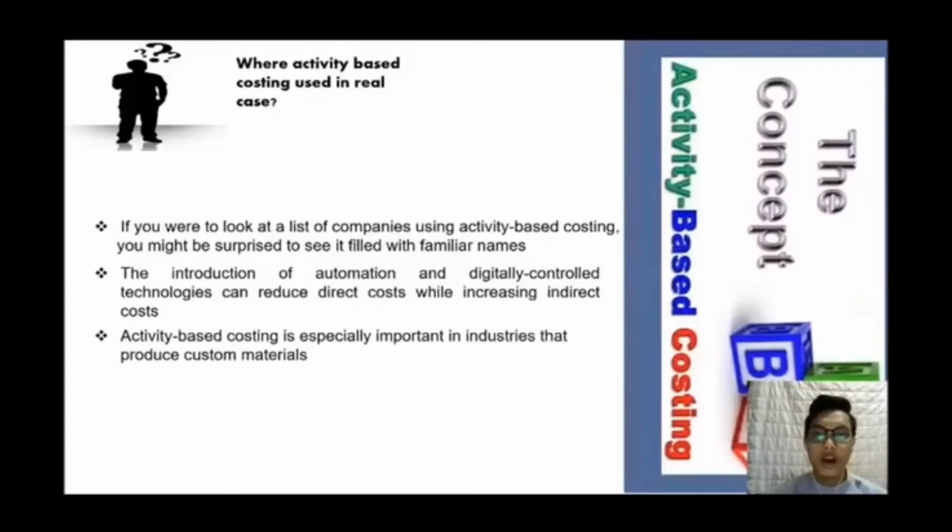The introduction of automation and digitally controlled technology can reduce direct costs like labor, while increasing indirect costs like machine and program maintenance and upkeep, which would register as overheads. Activity-based costing is especially important in industries that produce custom material.